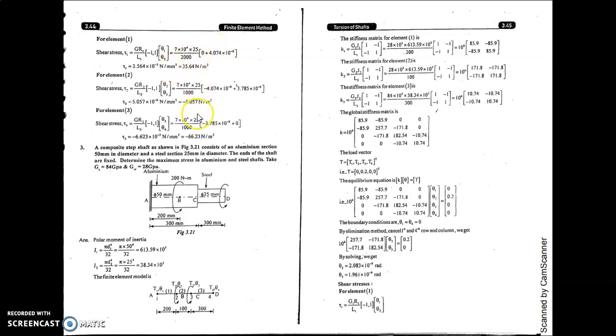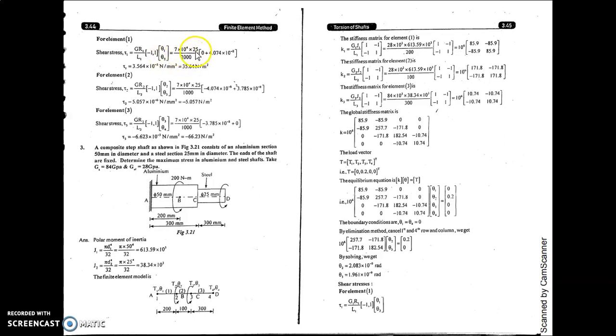In all the cases it is 25 only because it is a uniform diameter. All the values are the same here except the theta values. Just substitute the values and find the result for each elemental shear stress.